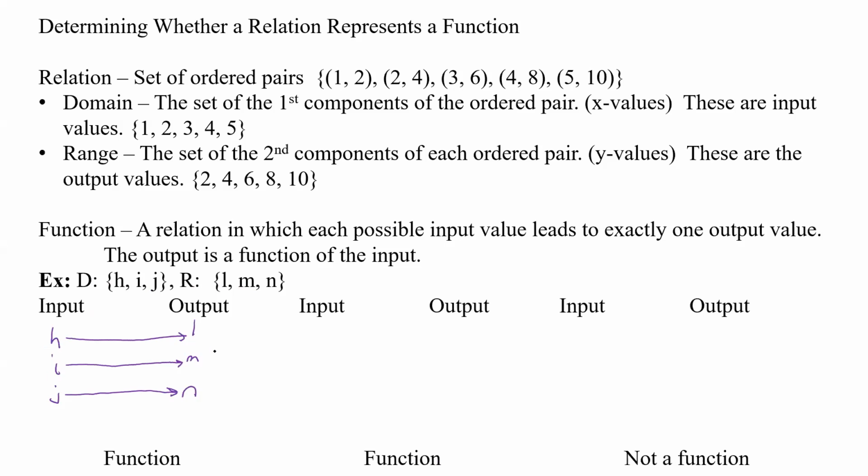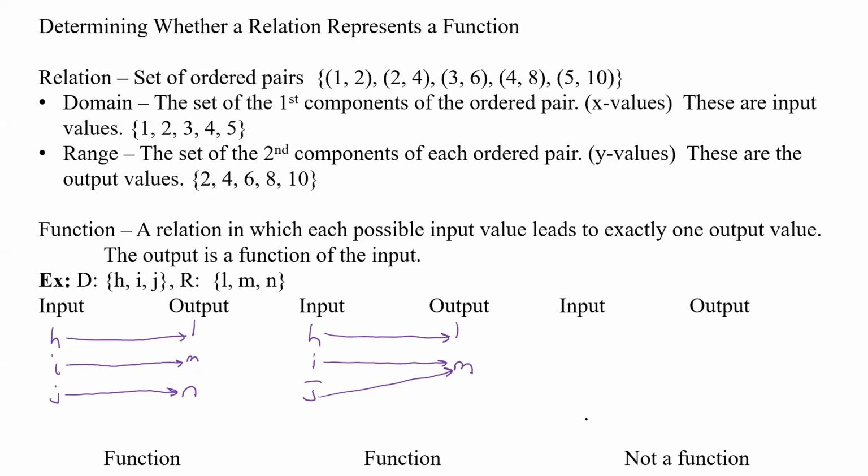Now, another way we could do this is we could say, well, we have H, I, J, but let's say we only have outputs L and M. Okay, well, H could go to L, I could go to M, and J could also go to M. Now this is a legitimate function because each input is going to exactly one output. So it can go to the same output, but it's going to exactly just one output.